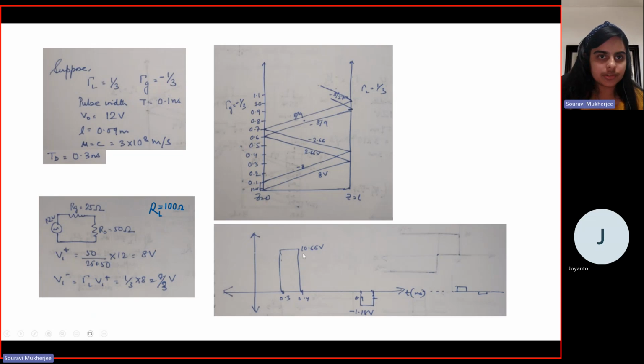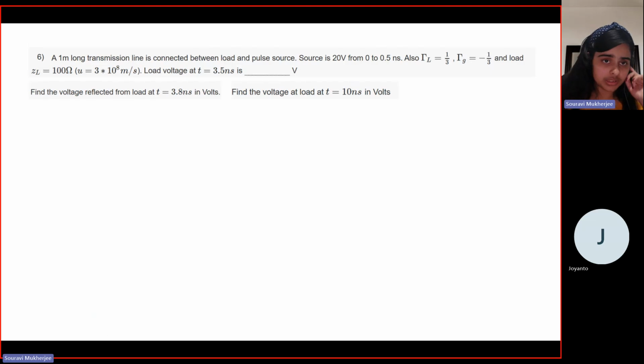Okay. Now, based on this, we can do similar kinds of questions. Some questions from last year's assignment were like this, which is quite similar to what we have just discussed so far, right? So here it's a 1 meter long transmission line, and it's a pulse of 20 volt with the pulse width given as 0 to 0.5.